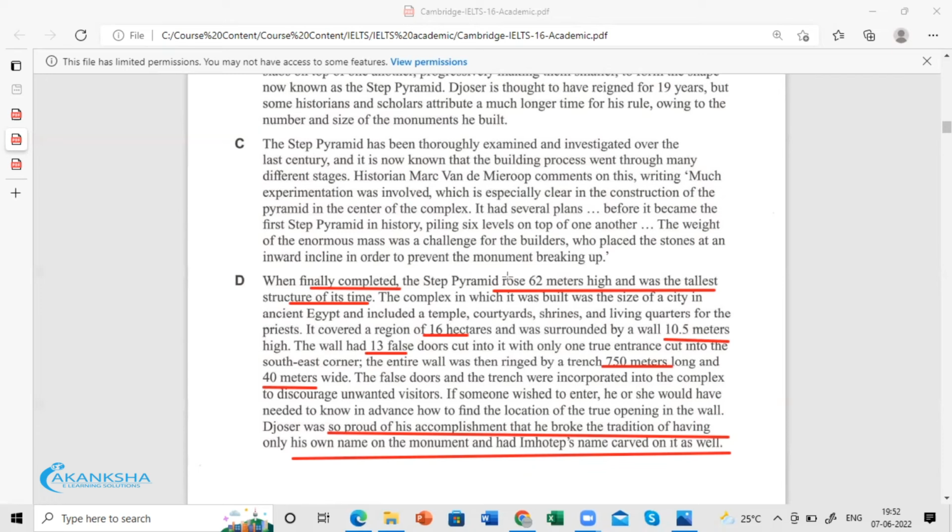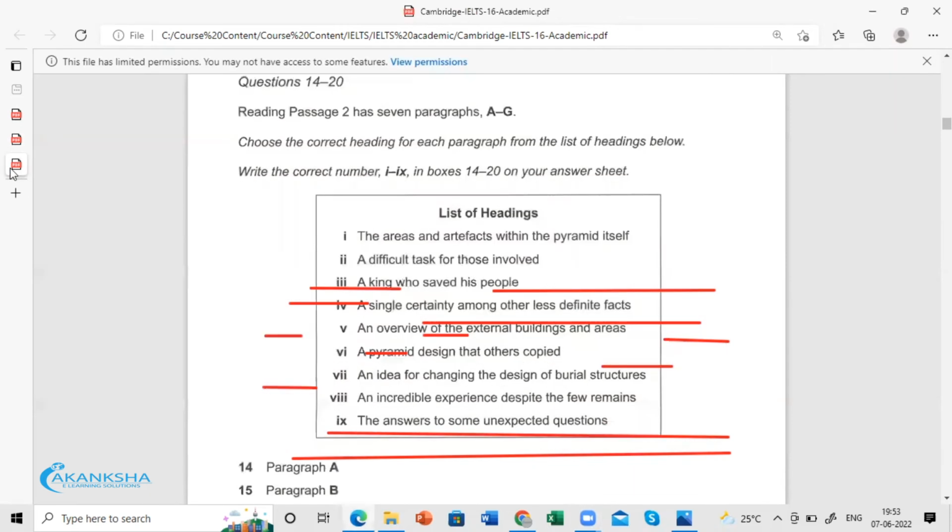Only the numbers. You don't have to worry about the full sentences and all that. And finally, they say temple, courtyard, shrine, living quarters, priests. All of this is inside. What was inside it?